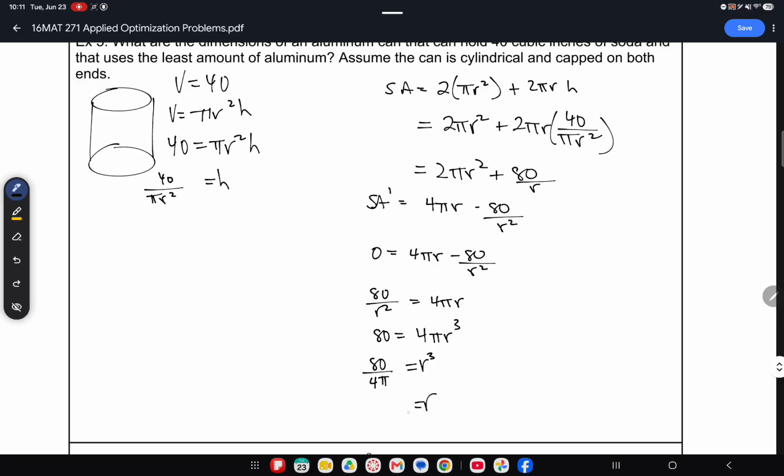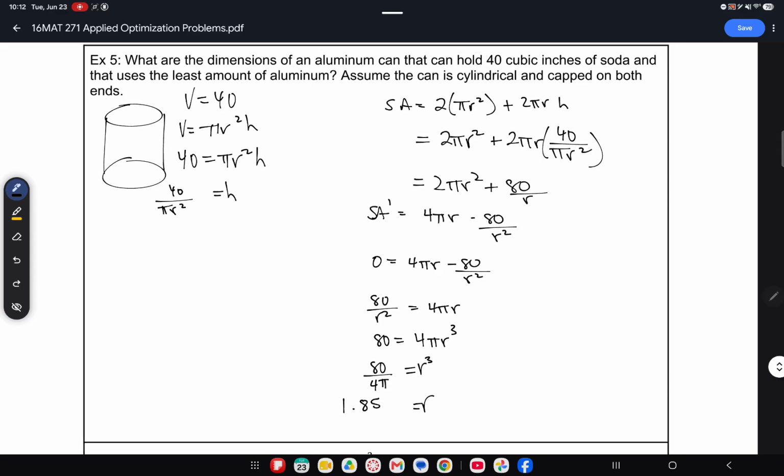We'll take the cube root. So 80 divided by 4 pi. And then the cube root of that. I get 1.85 for the radius.